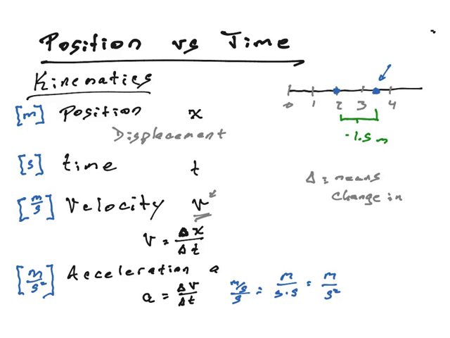So these 4 quantities are what we will relate to each other for the purposes of kinematics, the study of the motion of objects. It's only these 4 that we need to know. Everything else falls into place. So when we're given equations, these are going to be the 4 variables in our equations.